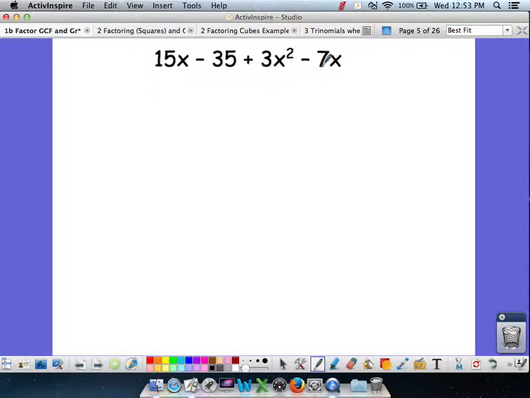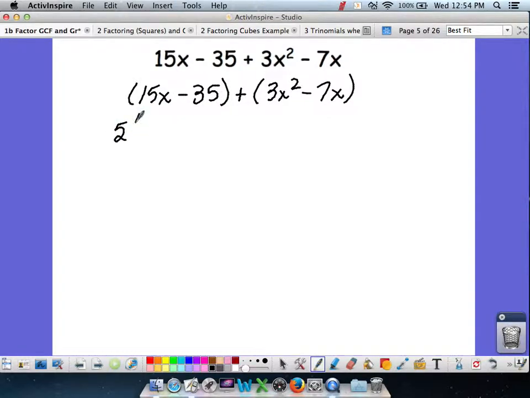You just have to remember to factor out the negative. So here I'm going to group 15x positive and negative 35, plus. Then I'm going to put my positive 3x squared and then my negative 7x. When I group these right here, I have 5 in common, so I'm going to take out that common factor of 5. 5 will go into 15 3 times, minus, 5 will go into 35 7.